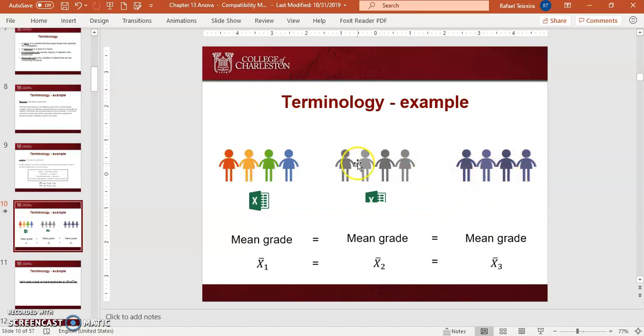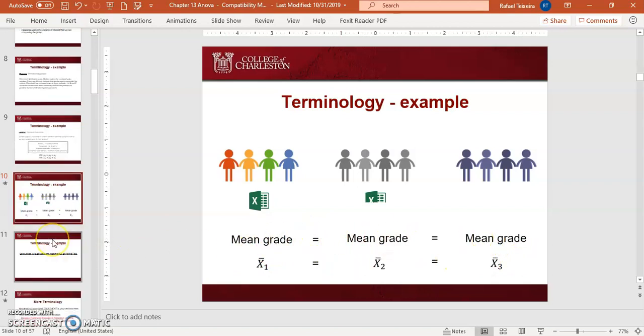So I split the three groups. My factor is the use of Excel. Does the use of Excel increase the mean grade? And my treatments are entirely Excel, half Excel, and no Excel. These are the different treatments I'm giving to different groups, and then I get the students' mean grades and see if they're equal or different.